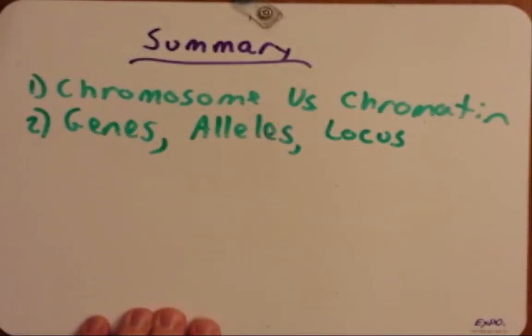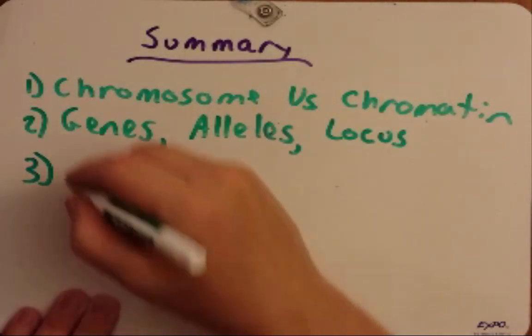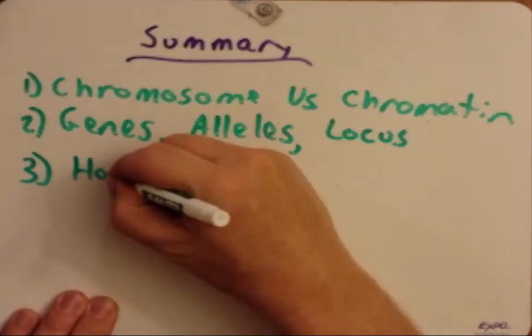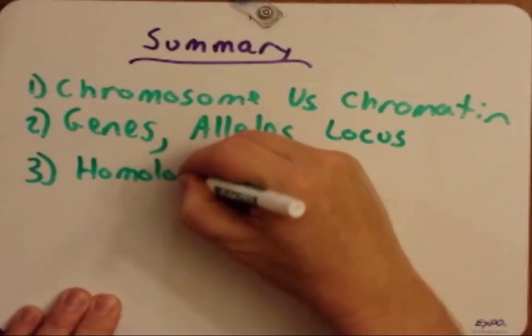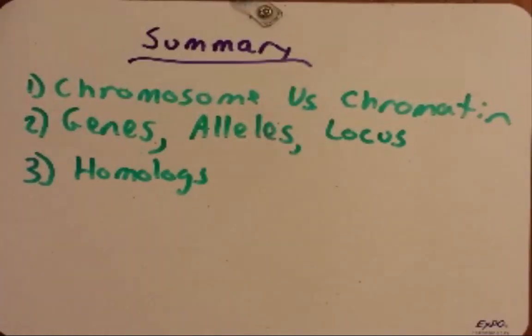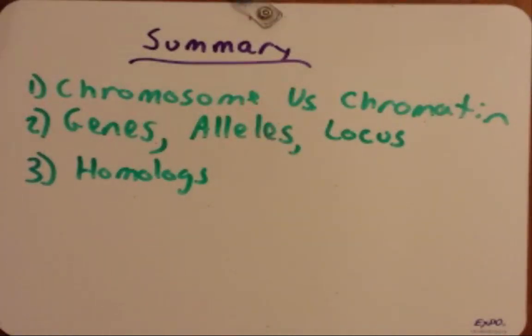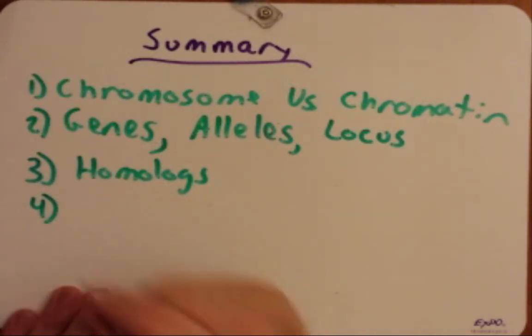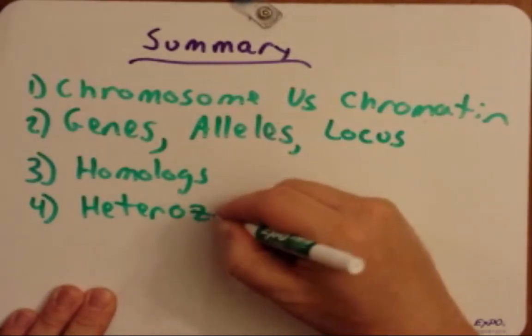We also talked about how chromosomes were paired up as homologs. That we get 1 set of chromosomes from our mother and the other set from our father, and that those sets combine, and chromosome 1 from each parent would be called homologs. We then talked about how gene pairs could either be heterozygous.